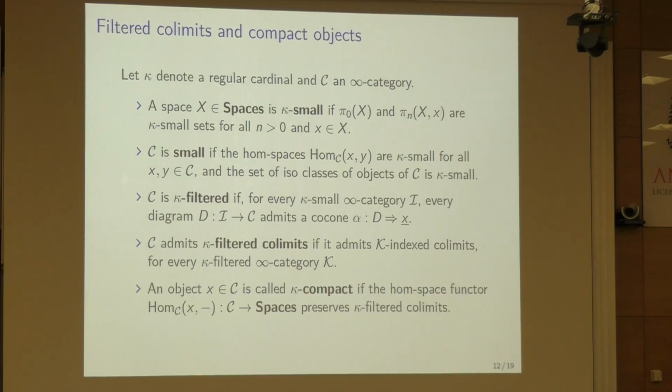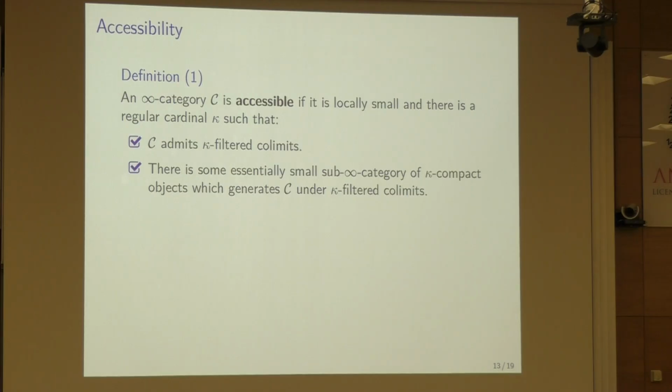Okay. And finally, we define an object to be kappa compact if the hom space functor preserves kappa filtered colimits. And that's all the technical part. And then we recover the one categorical definition of accessibility, where it's all the same with some infinity things.